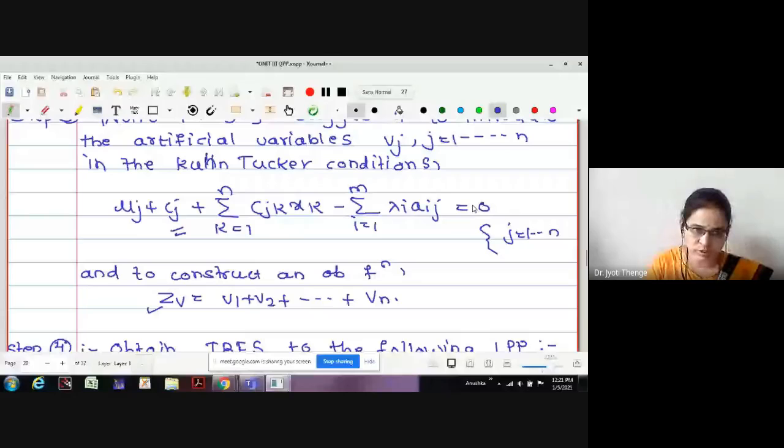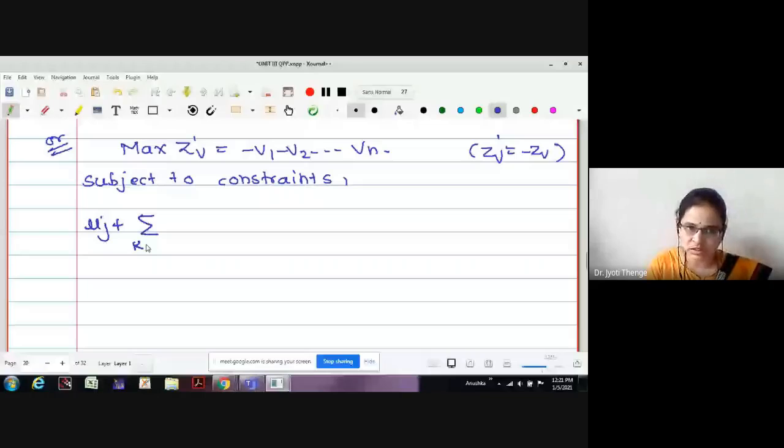Here I will write mu j plus summation k equals 1 to n Cjk xk minus summation i equals 1 to m lambda i aij, equal to minus Cj, for j equals 1 to n.